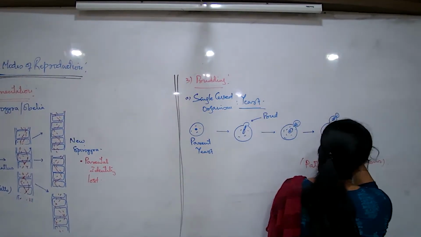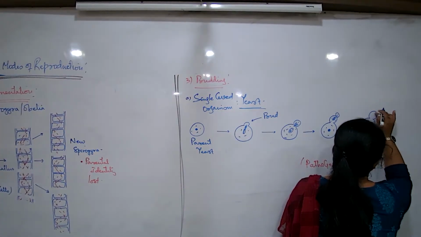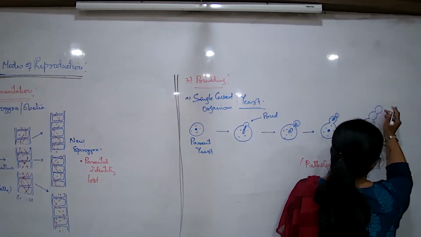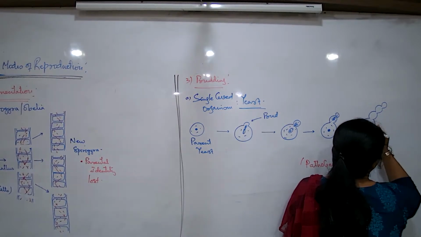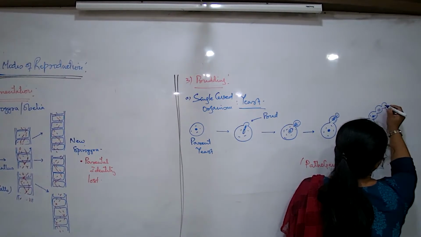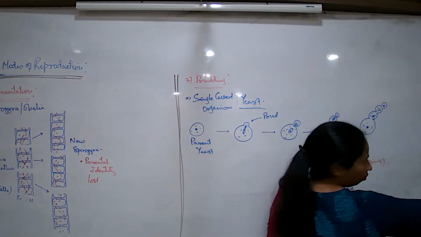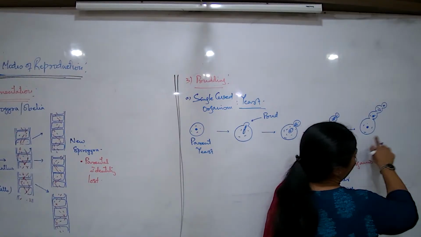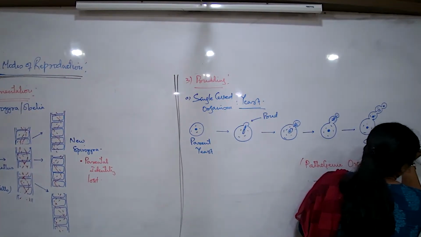So in this process, what we come across is that this is the parent and this is one organism, this is another organism and this is another organism. This is the parent, the next organism and the next organism, and this one is in the process of growth and giving rise to a new bud. This is what is known as a chain of buds in yeast.